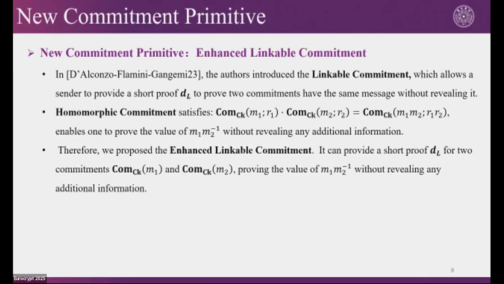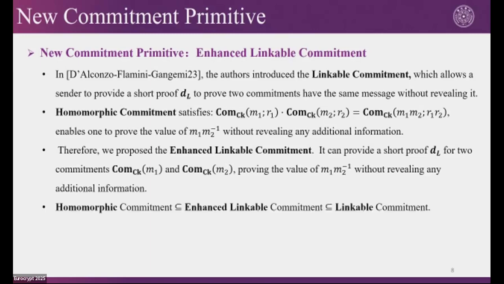So we propose the enhanced linkable commitment. It can provide a short proof for two commitments, proving the value of M1 times M2's inverse without revealing any additional information. So the enhanced linkable commitment is stronger than linkable commitment, but weaker than homomorphic commitment.